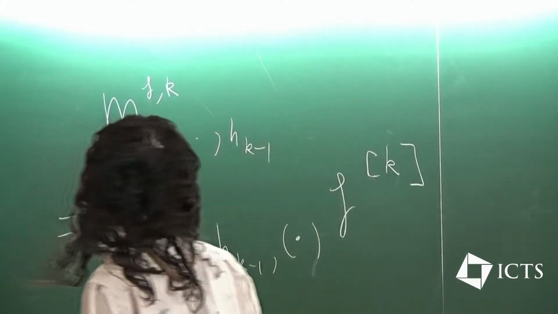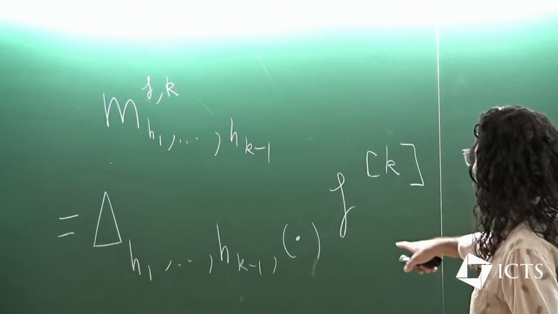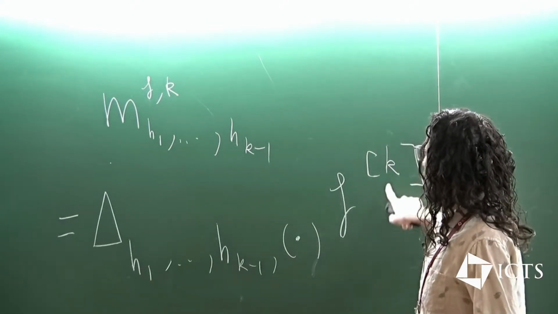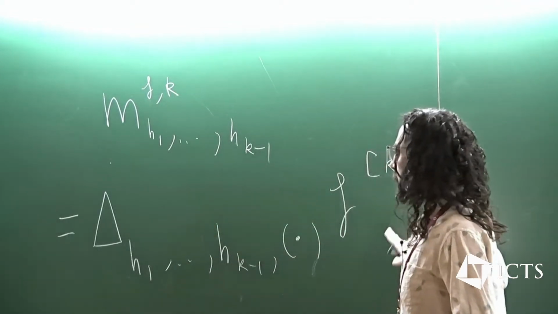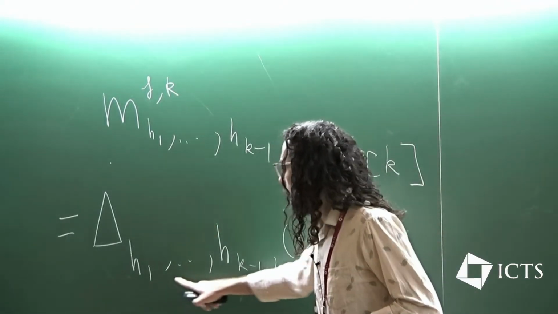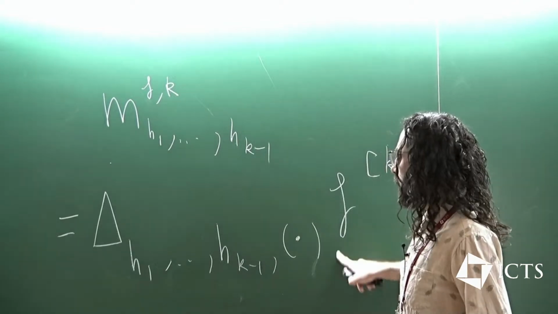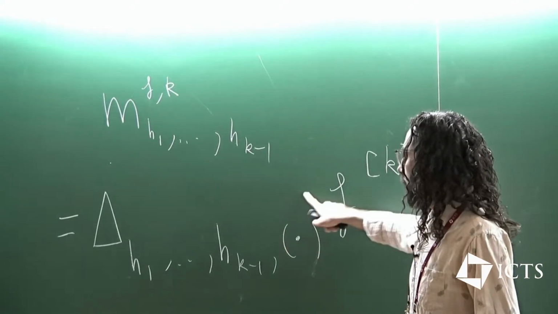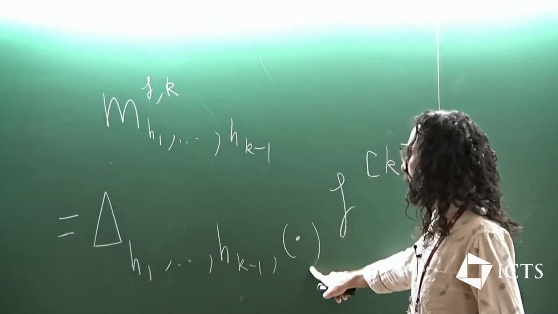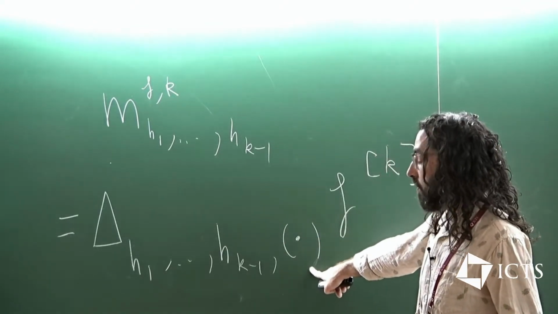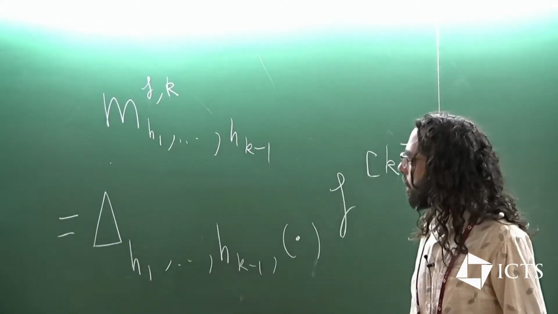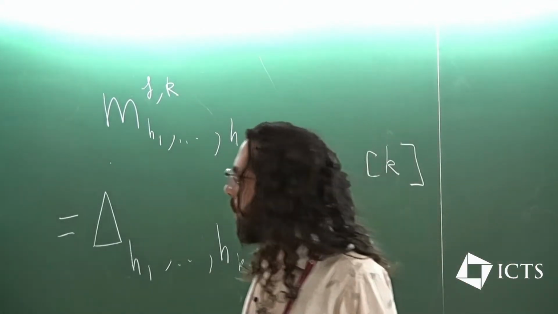What I mean with this dot is that this expression is multilinear in the k vectors here. In particular, it's a linear form in the last of these vectors. And so by considering it as a function of that last vector, we can consider it itself as a vector, and that's the vector m.